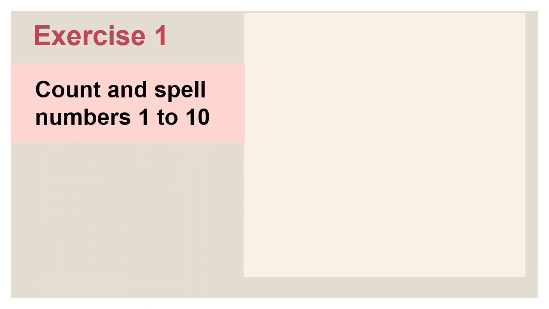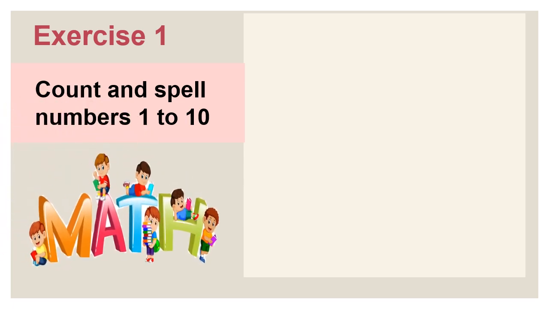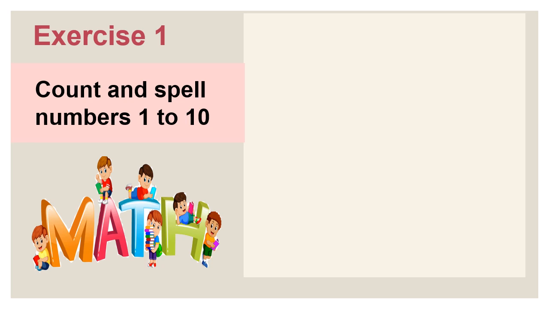Okay, we have exercises. Exercise number 1 is count and spell numbers 1 to 10. I guess you know this already. Let's look at it again. You count. What is this? Say it. Okay, 1.